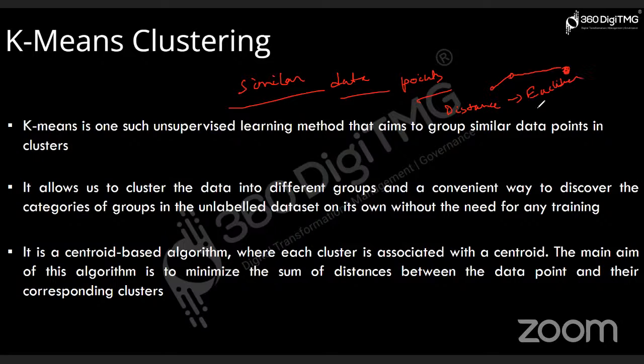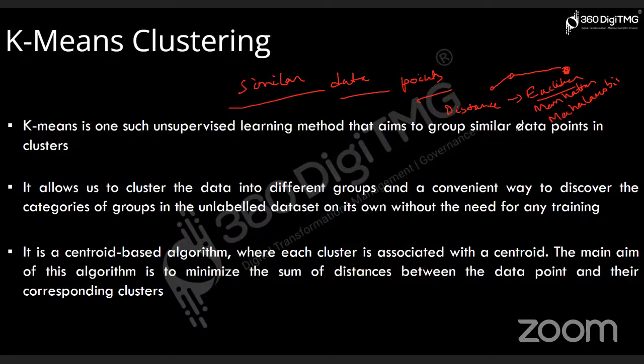Can also be found out using Manhattan distance, or Mahalanobis distance. Many more methods are there, but we generally use Euclidean. If need be, we can use any other method also, it is okay.